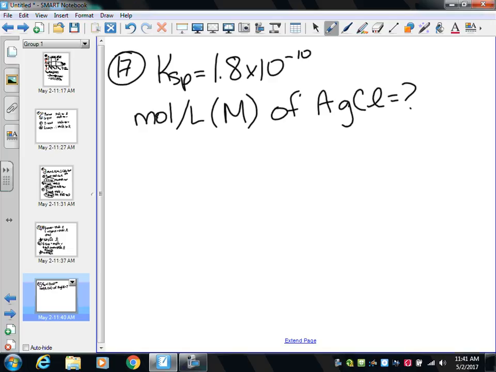We don't know what it is. So what we have then is we have to write out an equation. Since we only have silver chloride, remember that it's going to dissociate or separate.